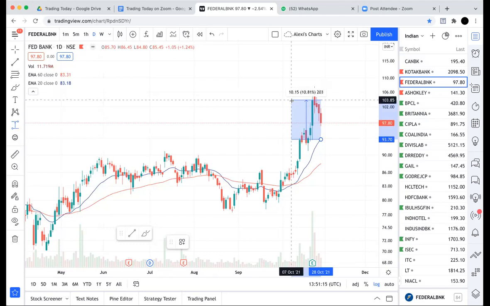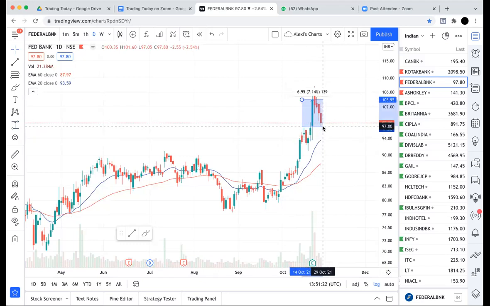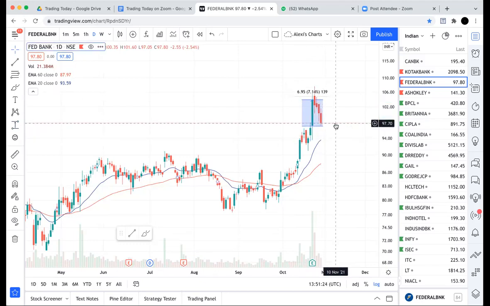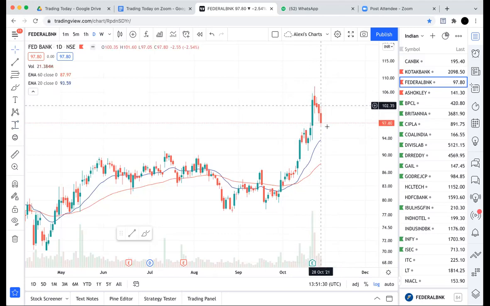The actual move from open to close would be 7.14. Pretty nice move on that stock. That happened in one day, but then in four days it reversed and it came back down. So now what do I do with this?